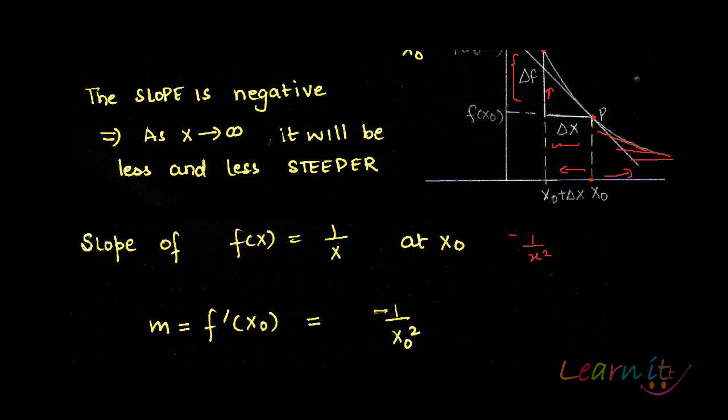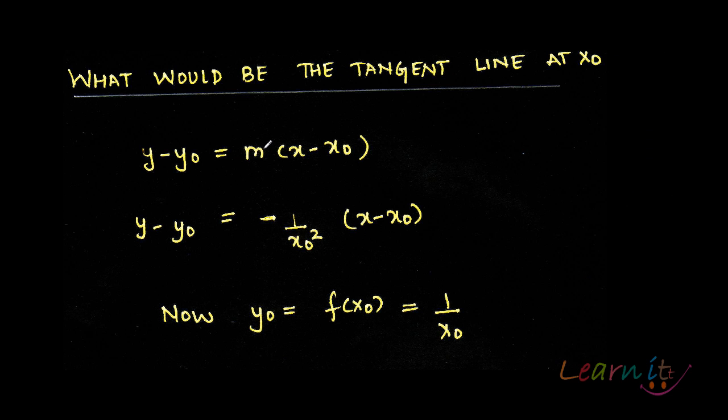What would be the tangent line? The tangent line is y minus y naught equals m times x minus x naught. So I can just plug in the values here. M at x naught is minus 1 upon x naught squared. And y naught is nothing but the function at x naught, which is 1 upon x naught.